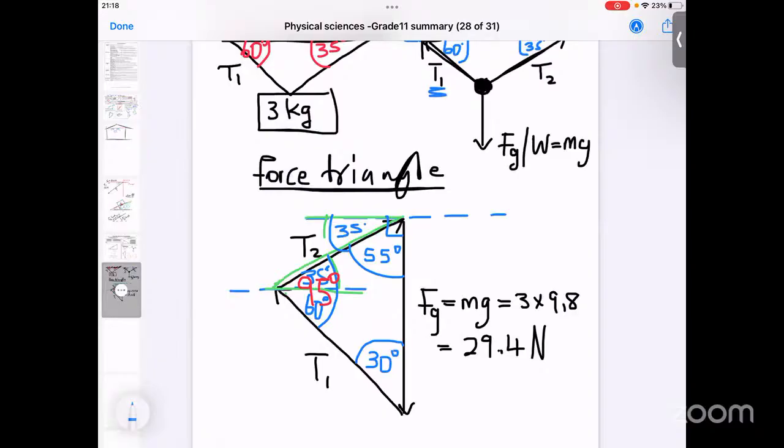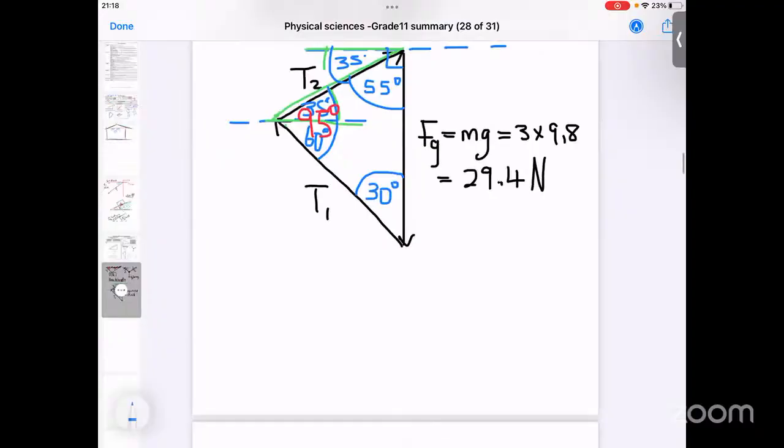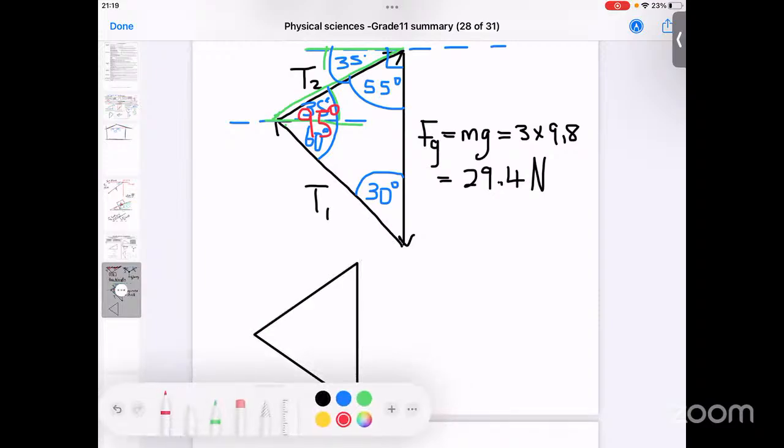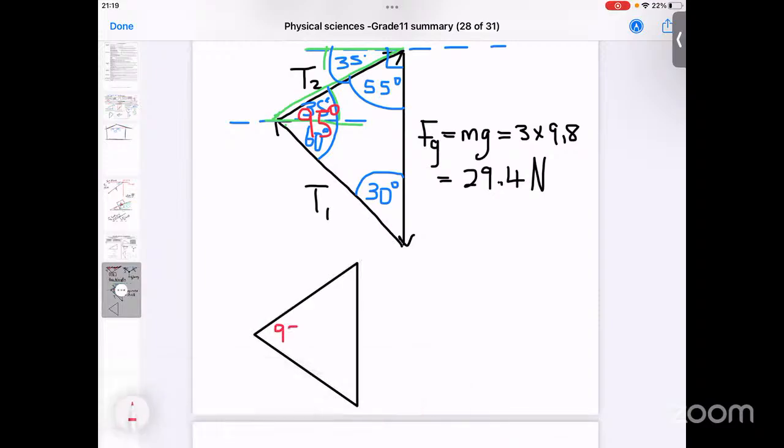So can you see, we now have a clean triangle, the manipulated triangle, whereby this angle is 95 degrees, this one is 55 degrees, and this one is 30 degrees.